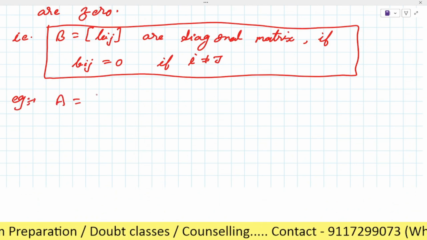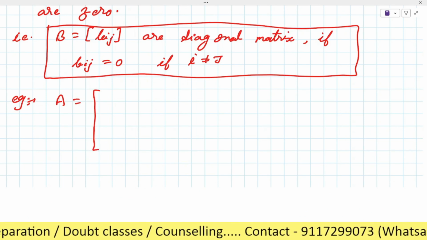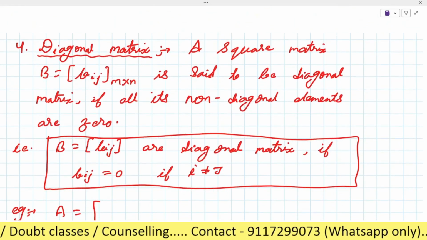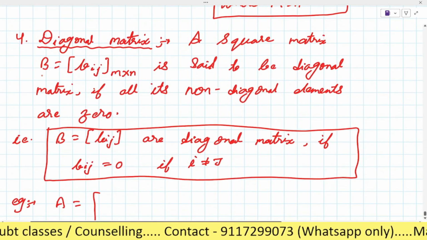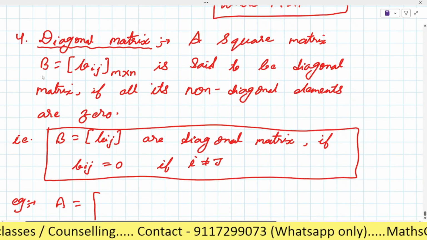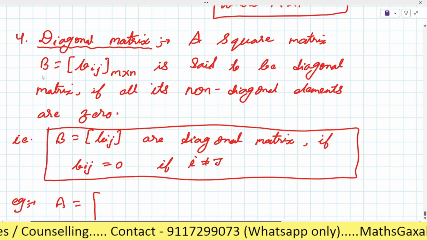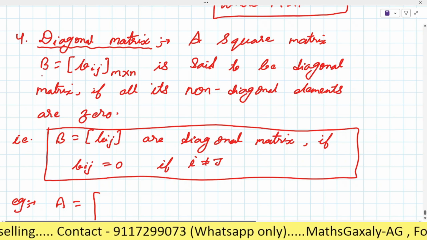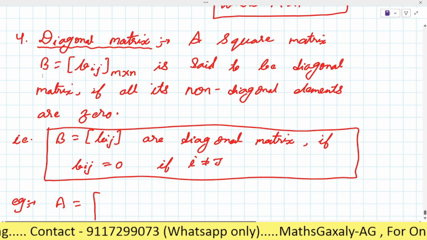Suppose there is a matrix. As we learned a point in the first line, a square matrix is said to be a diagonal matrix, right? Means the diagonal matrix should be a square matrix, then only we can form the diagonal.